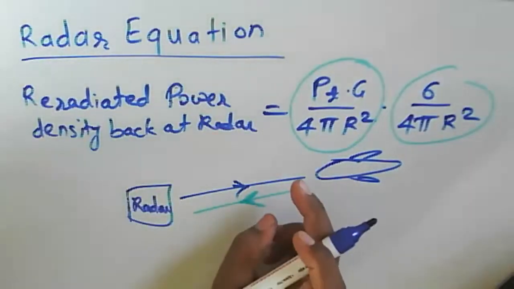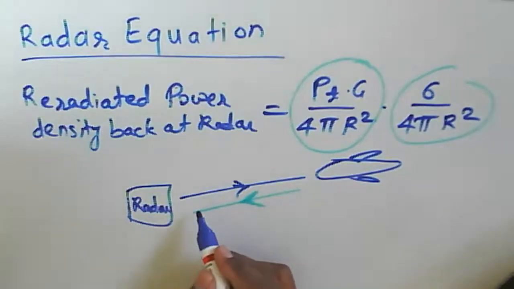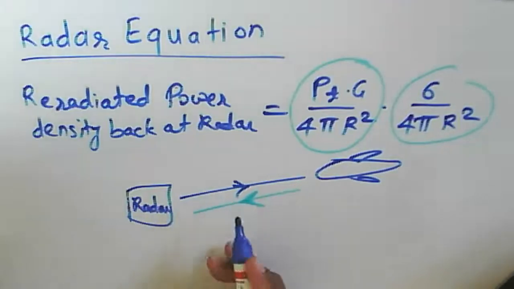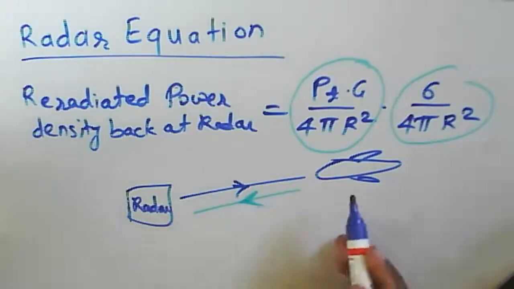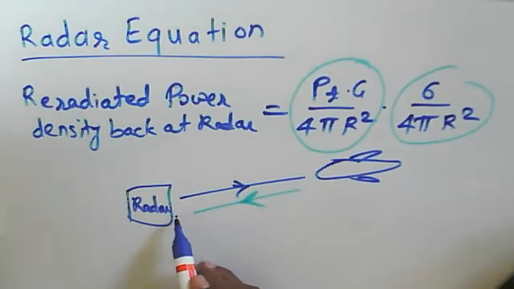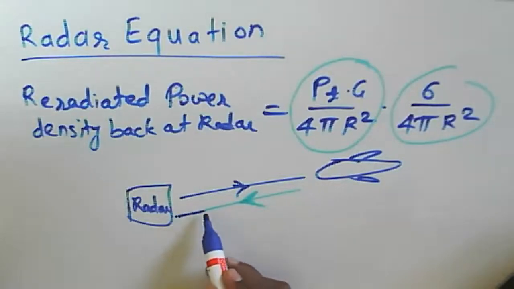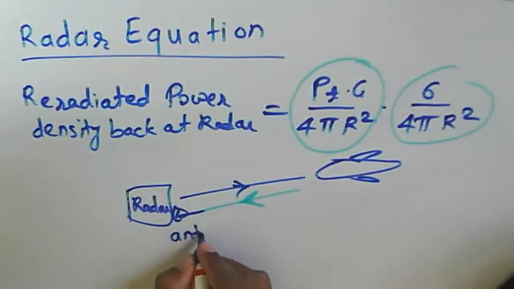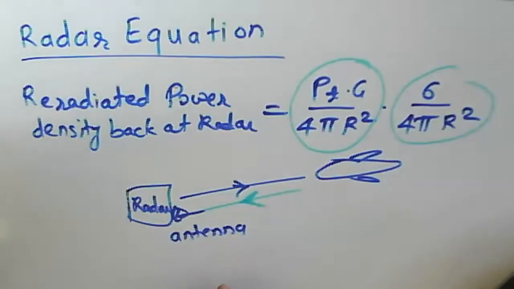Then at the radar there is an antenna. The antenna will receive the signal that reaches this particular place. Here is the radar, and for this radar there is an antenna, so that antenna will receive the signal.